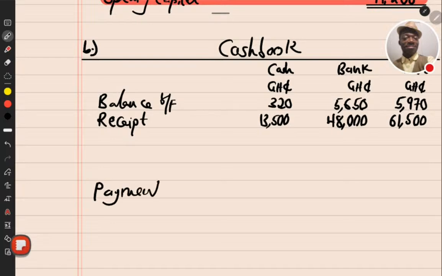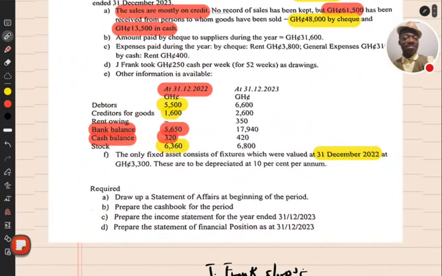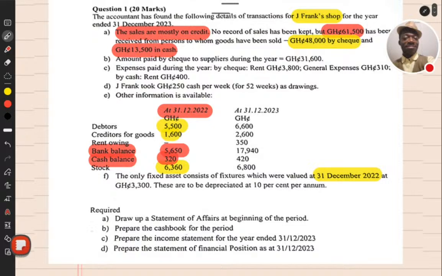For payments, in terms of cash and bank, we deduct them from the receipts so that we know the balance. So we start with the payments. Transaction B says that an amount paid by check to suppliers during the year was what?